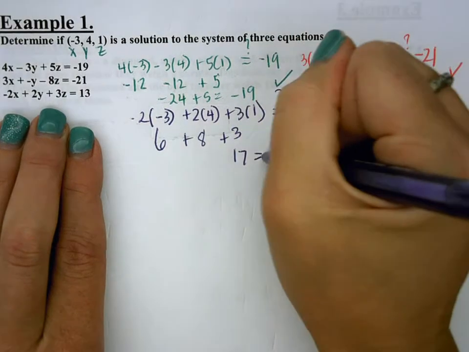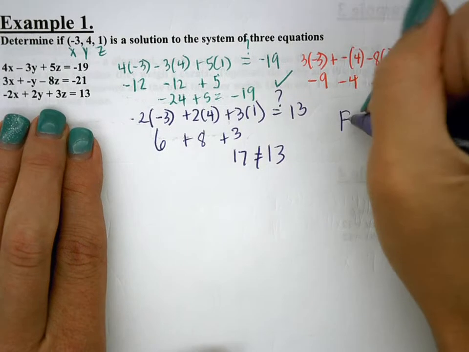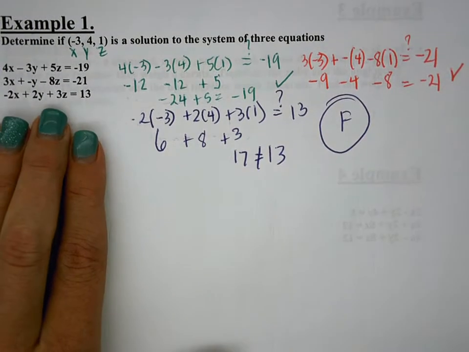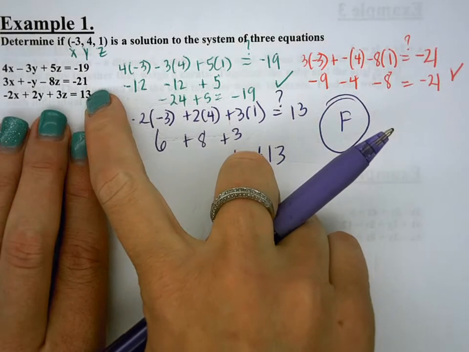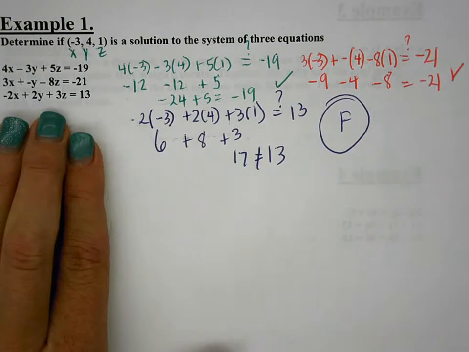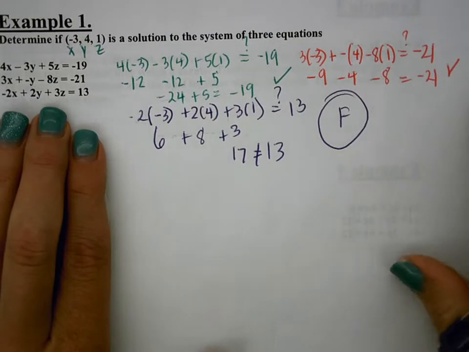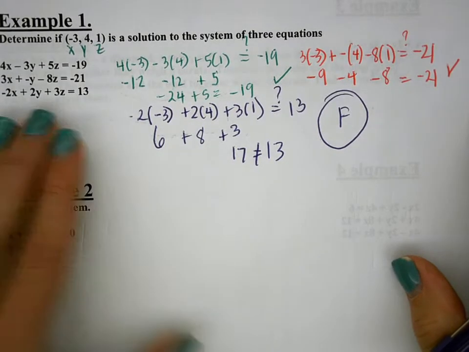Does 17 equal 13? No, so this answer is false. It has to work for every single one. Some of you started with the last one, which is why you got it done so quickly. So we never know which one may or may not work, right? Questions on example 1?